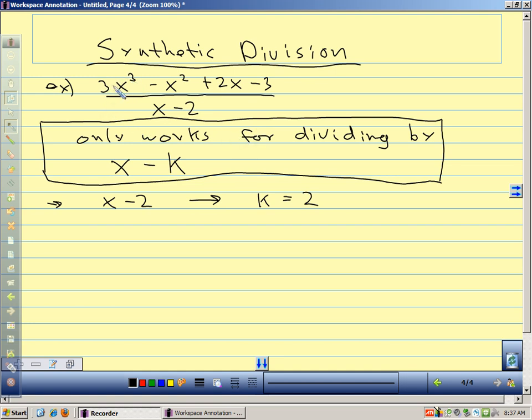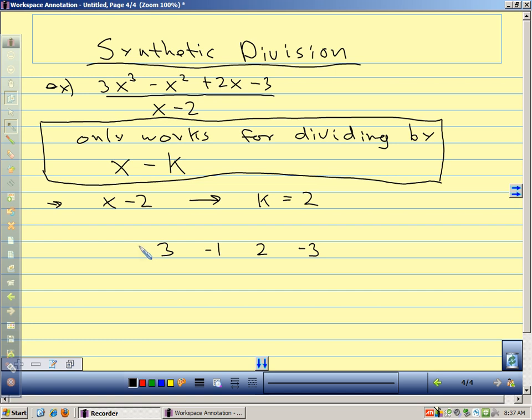Here I have cubed, squared, first power, and zero power, so my problem is set up that way already. So I'm going to write 3, negative 1, 2, negative 3.